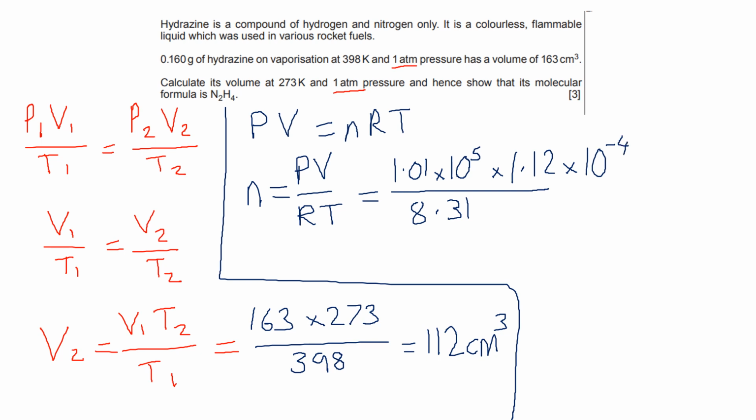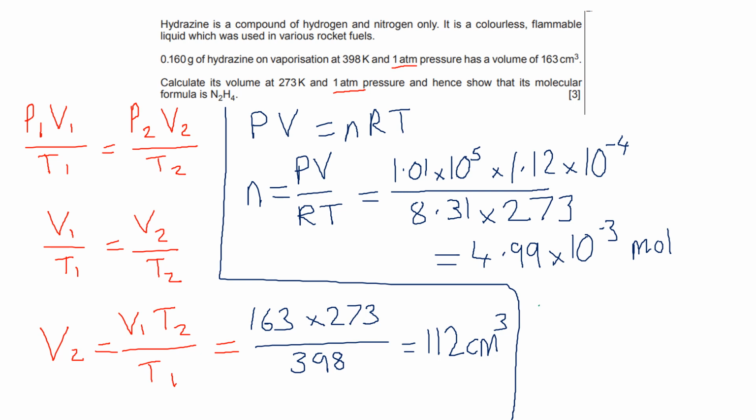And then divide by 8.31 times by the temperature, which was 273. And that comes out as 4.99 times 10 to the minus 3 moles.